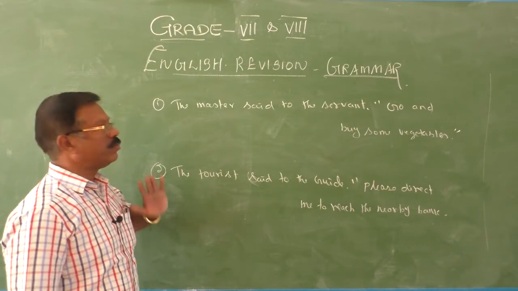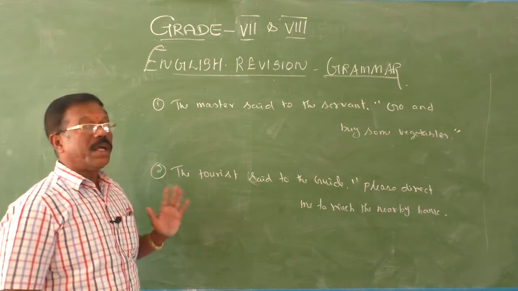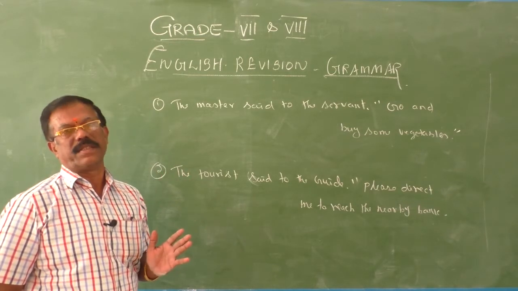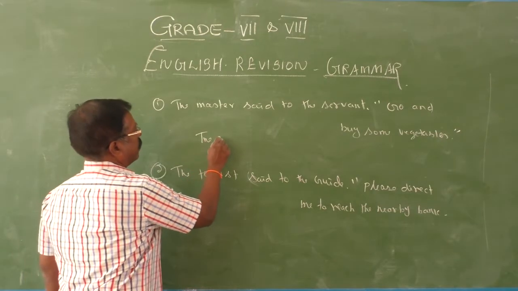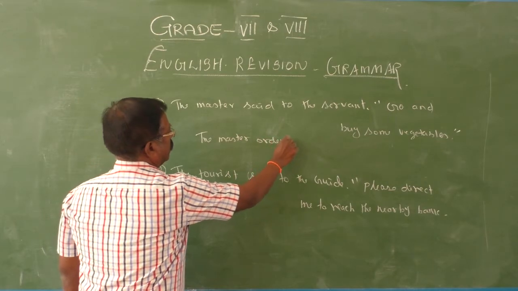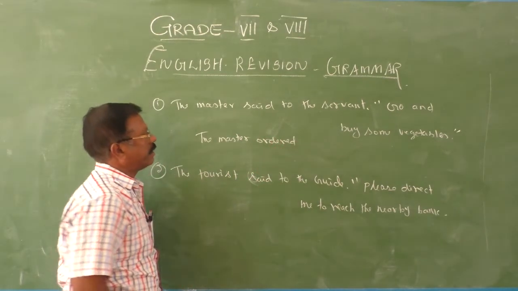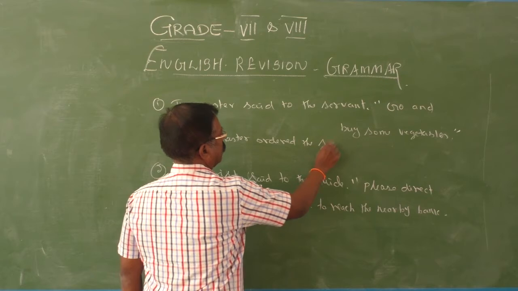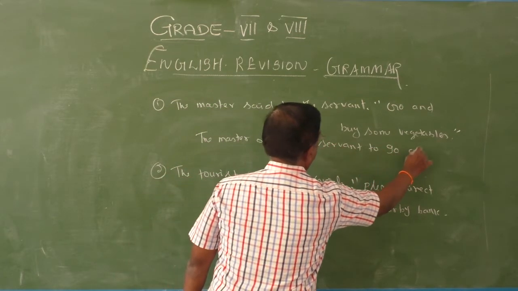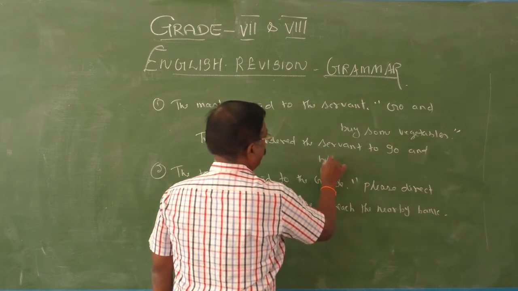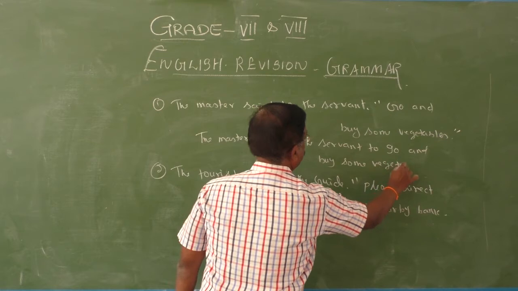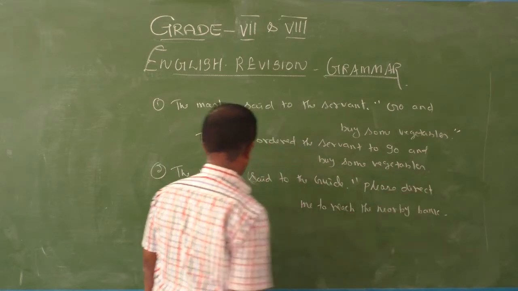So here you have two types of imperative sentences. The master said to the servant, go and buy some vegetables. So the master ordered the servant to go and buy some vegetables. Okay, second one.